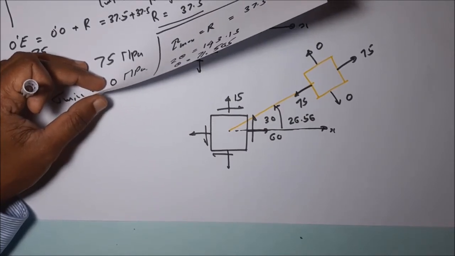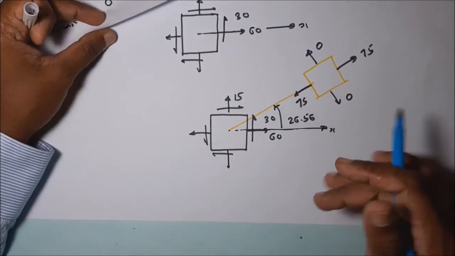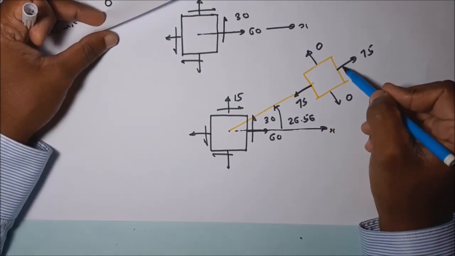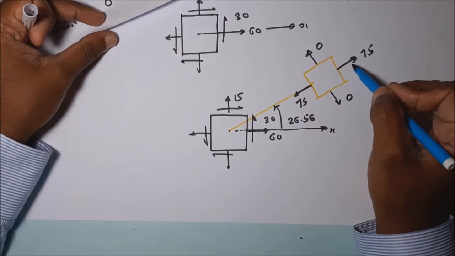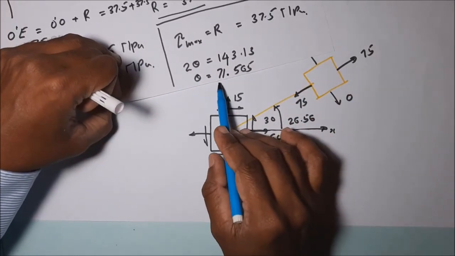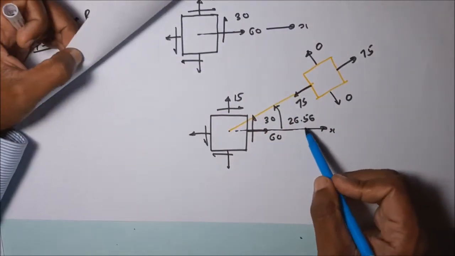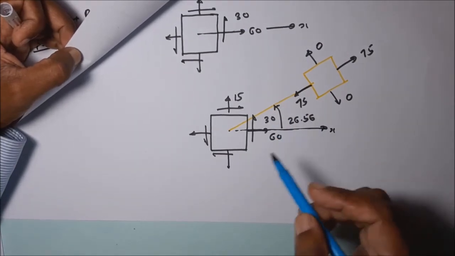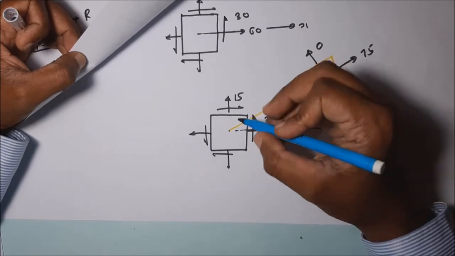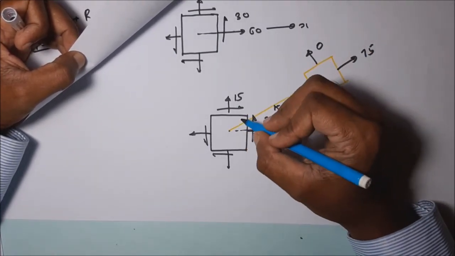Another important thing I am noticing for you: the maximum shearing stress plane is at an angle of 45 degrees to the maximum principal stress plane. What value did we get? 71.565 for the maximum shearing stress, and 26.56 for the maximum principal stress. Always this is true: it is at an angle of 45 degrees to the maximum principal stress plane.